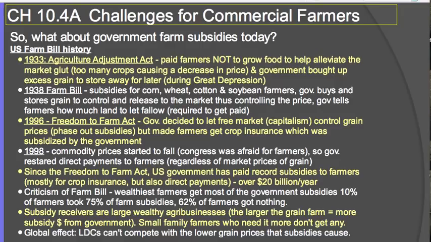Since this Freedom to Farm Act, the United States pays a lot of money to subsidize farmers. Most recently, $20 billion a year. A lot for crop insurance, but also for direct payments. The criticism of the Farm Bill is that it's the wealthiest farmers that get most of the government subsidies.